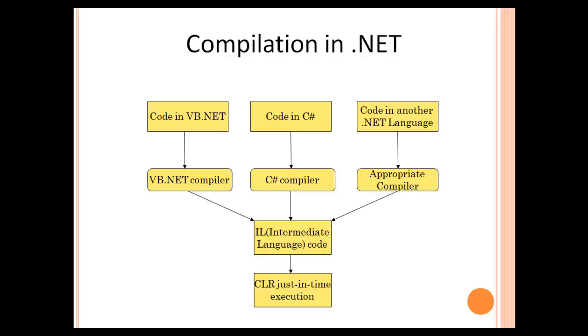Now this JIT converts it to the machine code, which can be read by the operating system. The operating system can read only the machine code, as everyone knows. In short, the developer writes the code, which is converted to intermediate language by the compiler, which is converted to the final machine code by the just-in-time compiler, and this machine code is now understandable by the operating system.